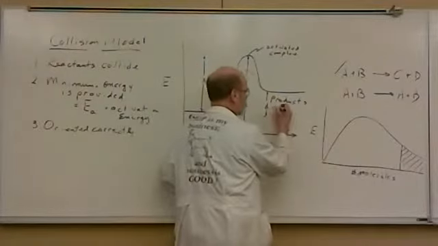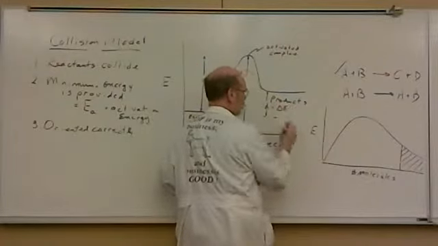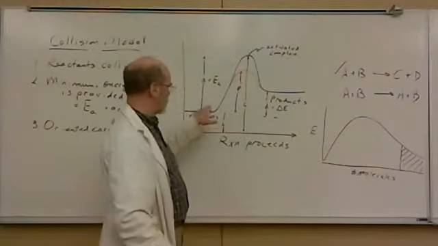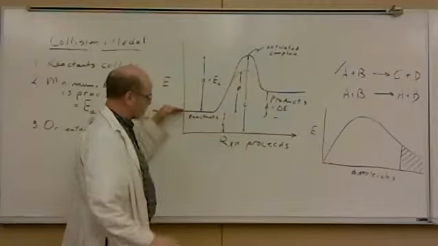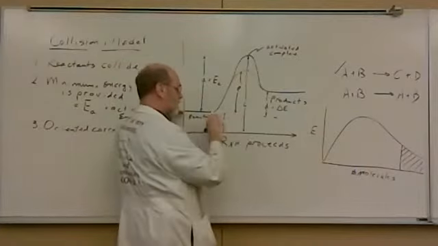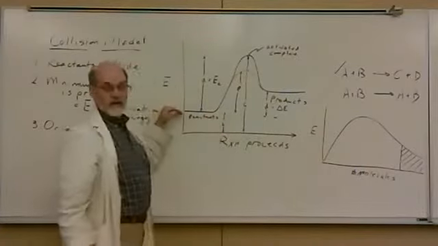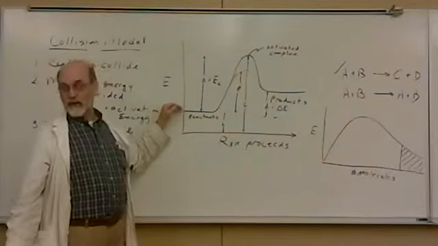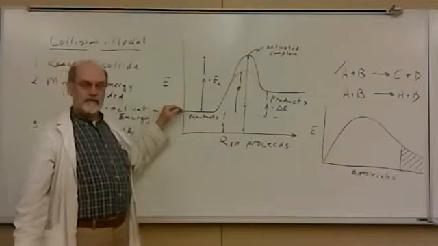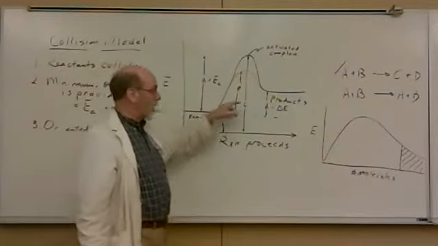This one is the change in energy from that position to that position. Right? If you start with this energy and you end up with that energy, some of that energy has been stored in the product. Right? So that means it's an endothermic process. We've put energy in, but we didn't get all of it back.